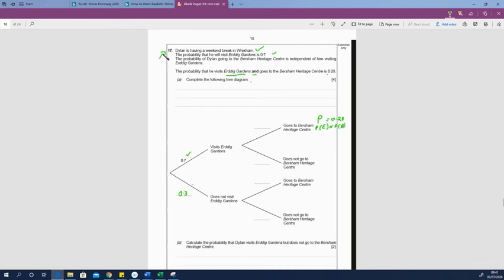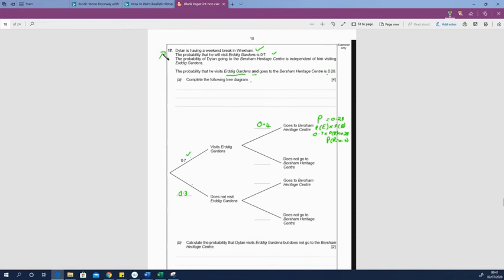So what we can say is that the probability of Erddig, which is 0.7, times the probability of him going to Bersham is equal to 0.28. So therefore that gives us the ability to say that the probability for going to Bersham is equal to 0.4. Because 0.28 divided by 0.7 is 0.4. So I can fill that in now, 0.4.